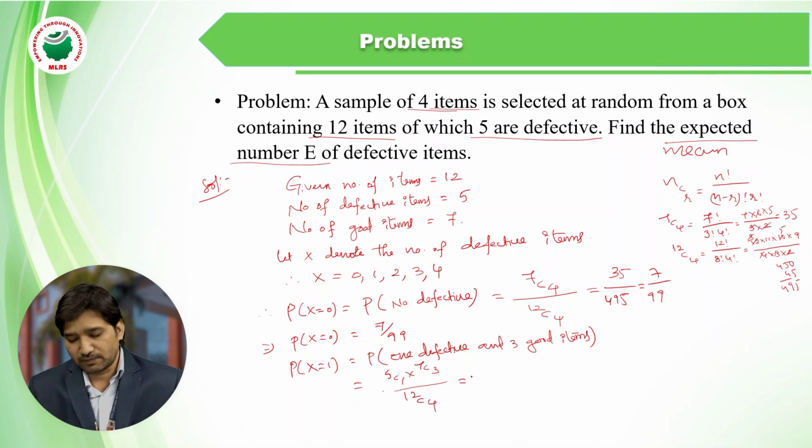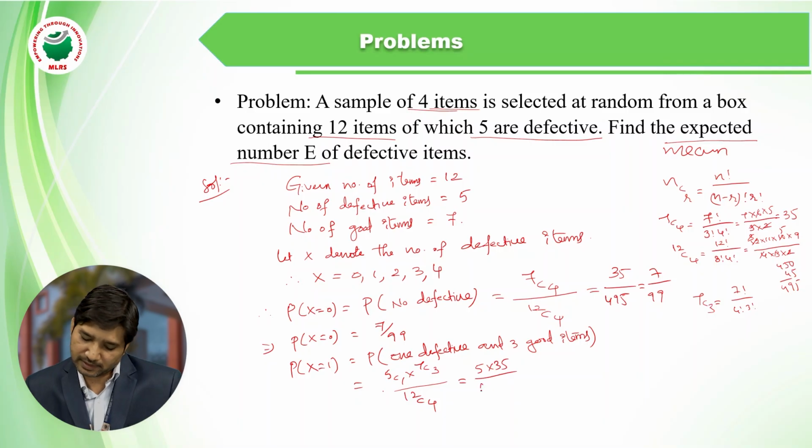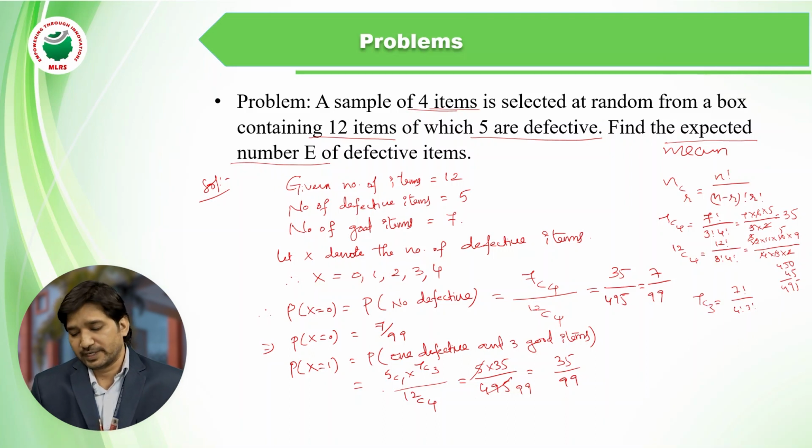So 5C1 is 5, and 7C3 is calculated the same way, 7 factorial by 4 factorial into 3 factorial, the same value 35. 12C4 is 495. We can cancel 5: 5 ones are 5, 5 nines are 45, 99. So P of X equal to 1 is 35 by 99.